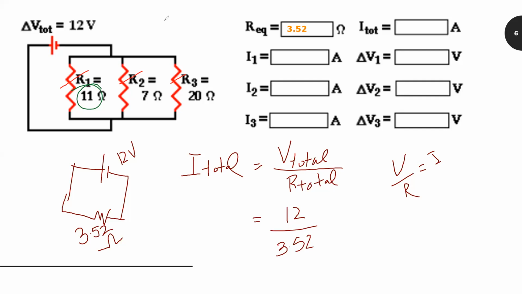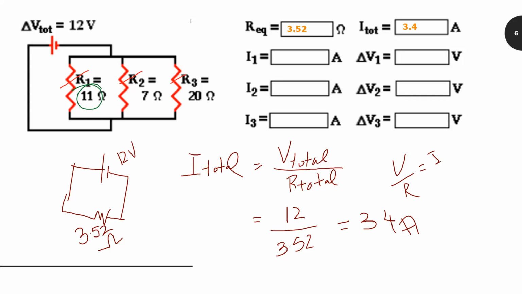You will get that the answer here is 3.4 ampere. So the current that's passing through the circuit here is 3.4 ampere. So here the I total is 3.4 ampere.